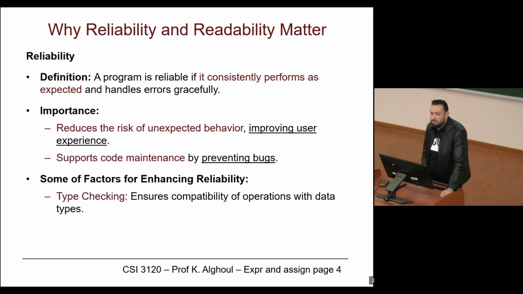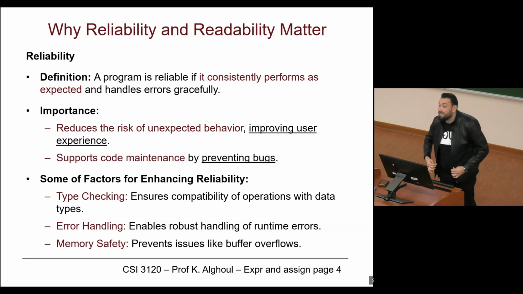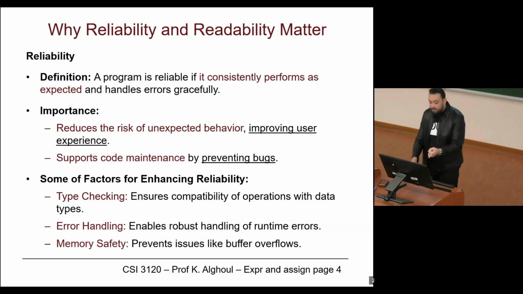What else? Naming the variable. Naming the variables, yes, but it links more to the readability. Error handling is the other main thing, how am I going to be able to handle the error? And then memory safety. Where did we cover this, the memory safety? What did we give as an example, Felipe?